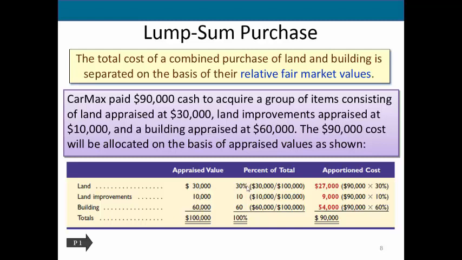But along with that building, you're also getting the land that that building is sitting on.